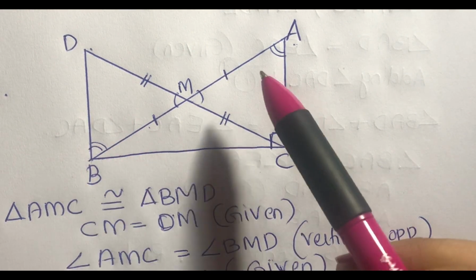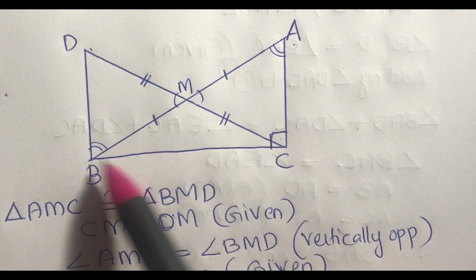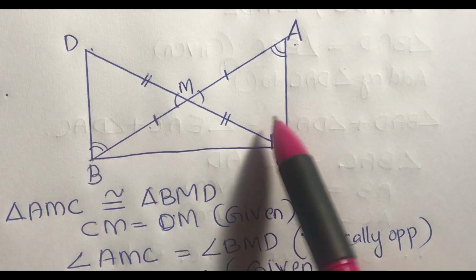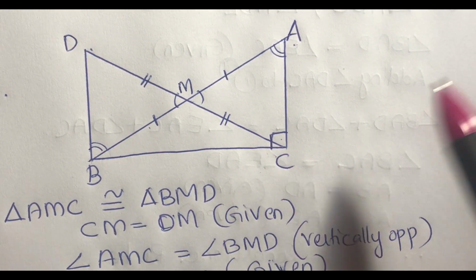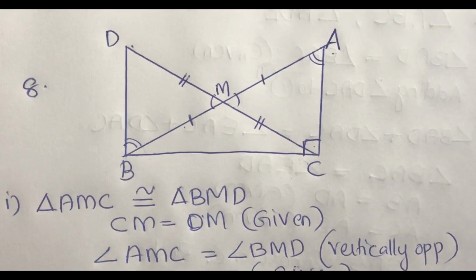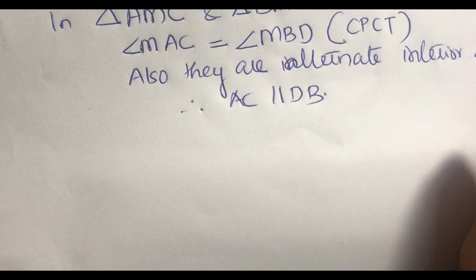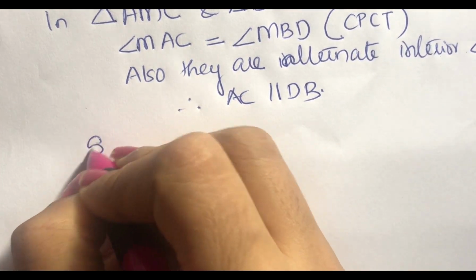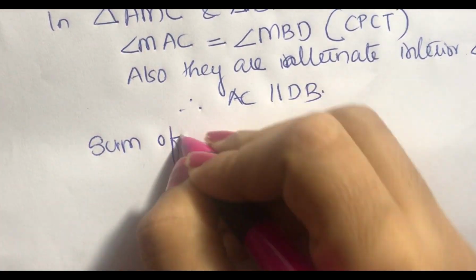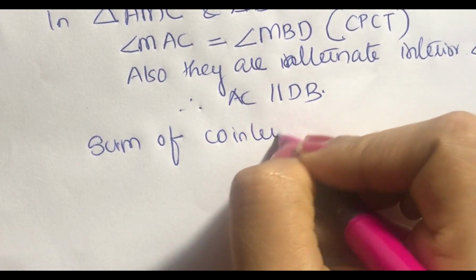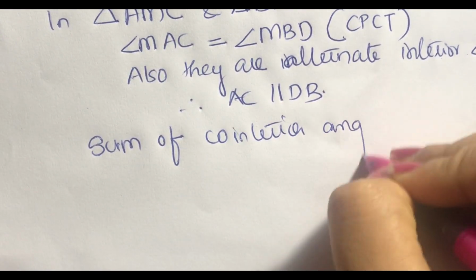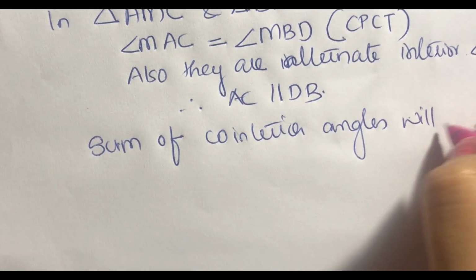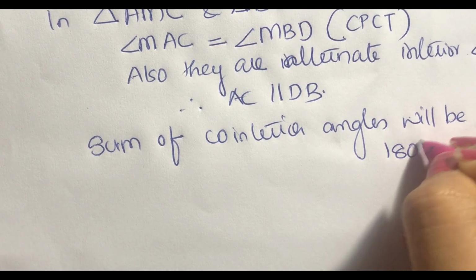And then BC is a transversal. These two are parallel, and BC is a transversal. Therefore, these two angles will be co-interior angles. You know, in parallel lines and a transversal, the sum of co-interior angles will be 180 degrees.